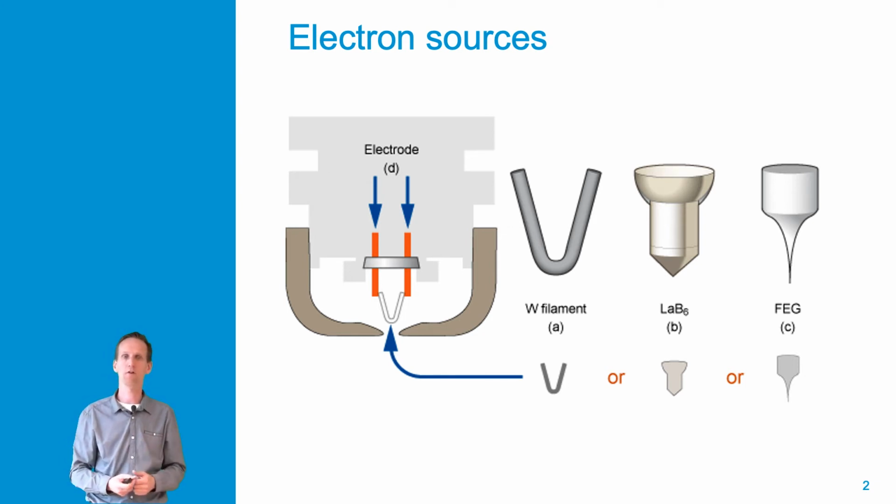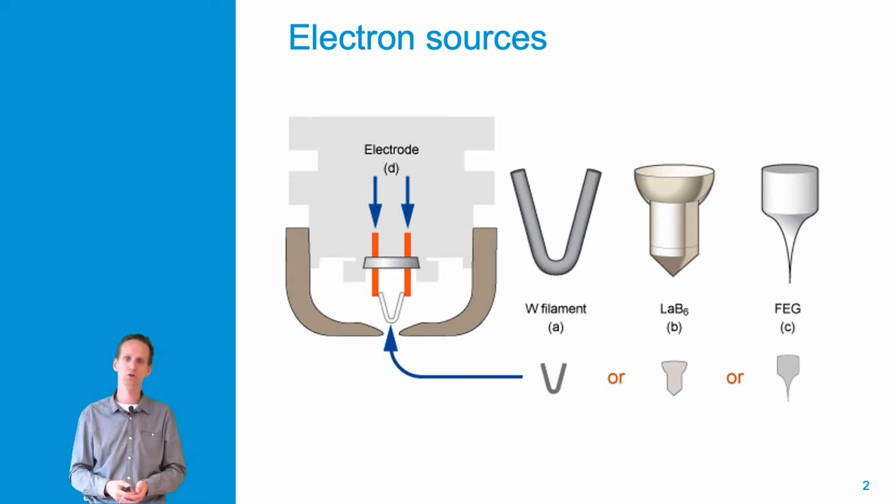Now there's different variants of the source that we can attach to this high current feed. First, we can have a tungsten filament from which electrons are extracted, which, as we can see if we compare this to the other structures depicted to the right, gives us a very large surface from which the electrons are extracted, so we can reason already a bit that this can give quite a high virtual source size.